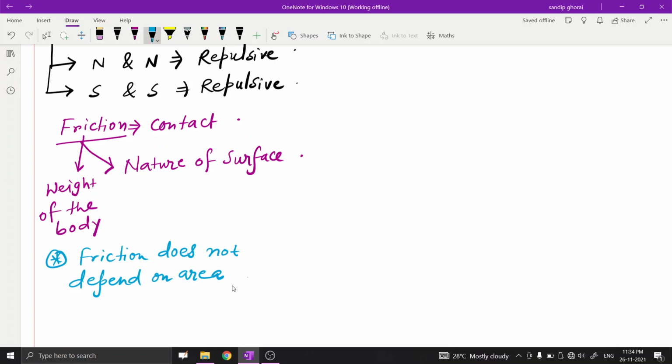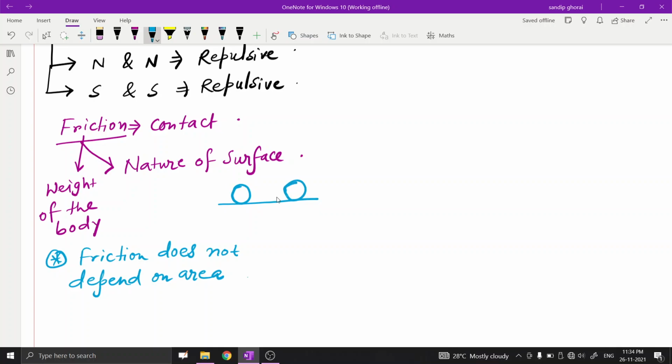Now if we take two different bodies, suppose one is 10 kg and another one is 20 kg, placed on the same surface.